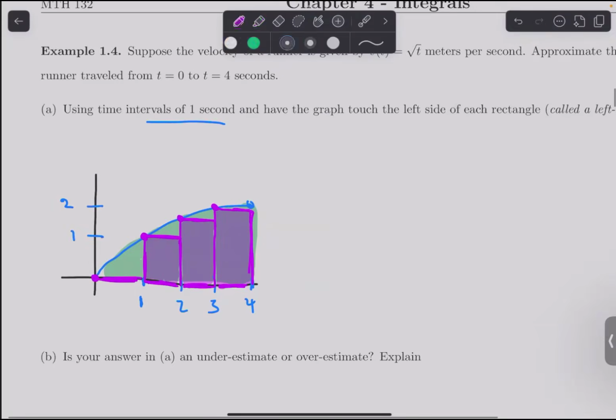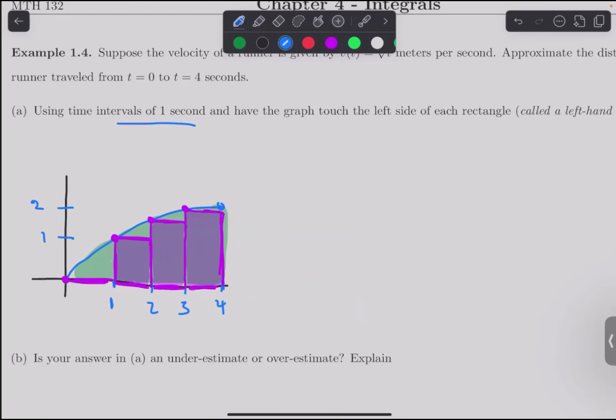All right. So now we can do our calculation. The area of the first rectangle has a height of 0 and a width of 1. So not very exciting there. My second rectangle would have a height of square root of 1 and a width of 1.